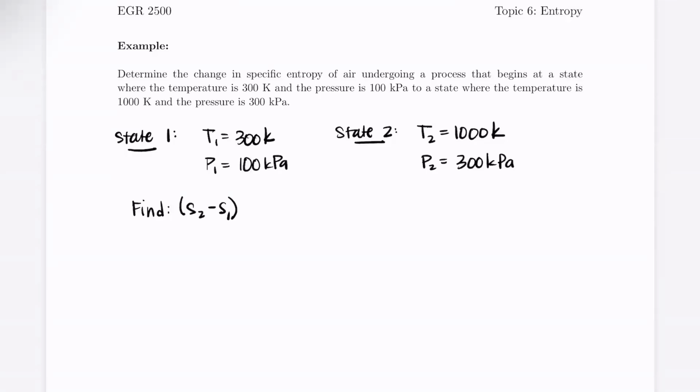So we are going to notice that the change in temperature is quite large here. So we're changing 700 Kelvin. So we're going to assume that CP cannot be considered a constant with respect to temperature, just because that's a really huge temperature swing. So we're going to use the equation that we just developed using the air tables.